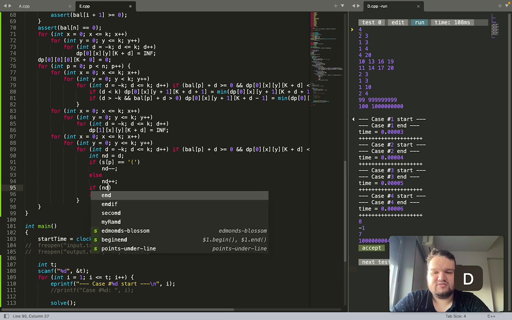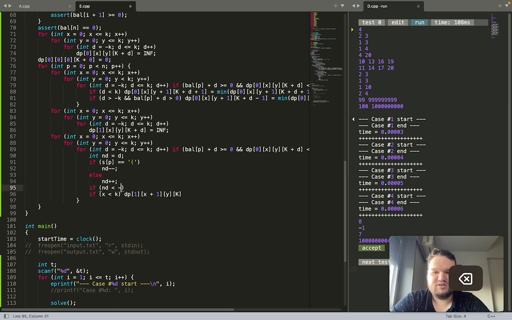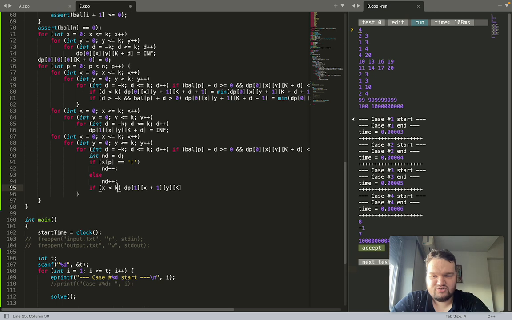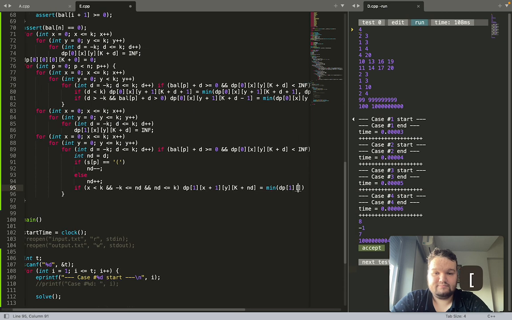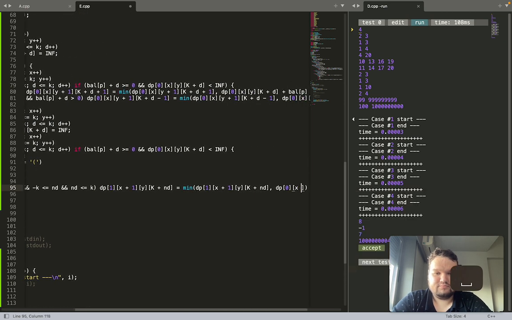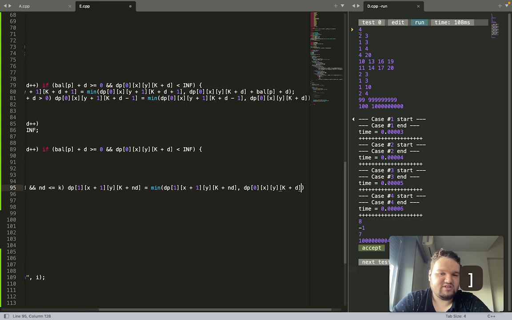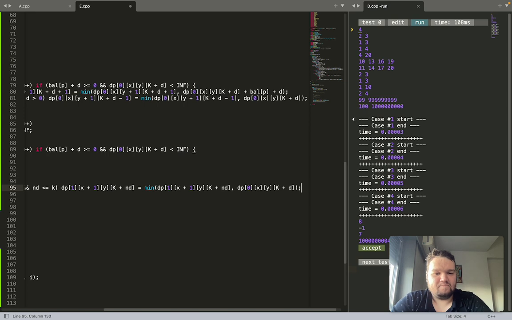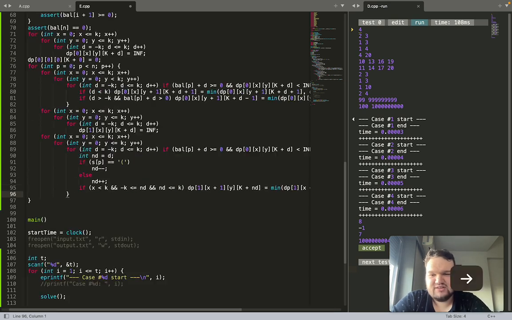We should do this transition only if it is still in bounds. And the cost doesn't change because we didn't change the prefix or string, we didn't add any brackets.